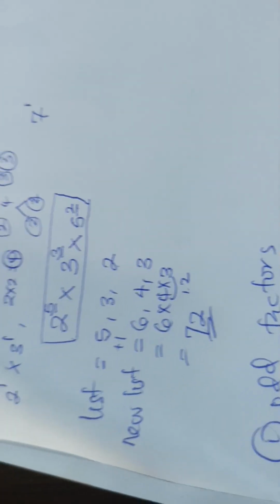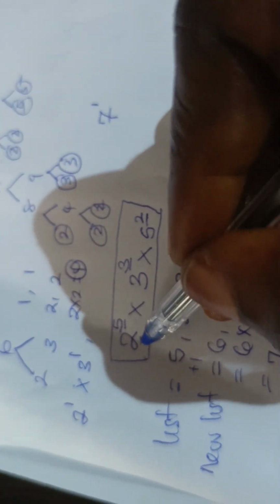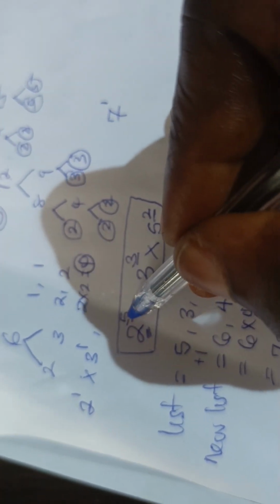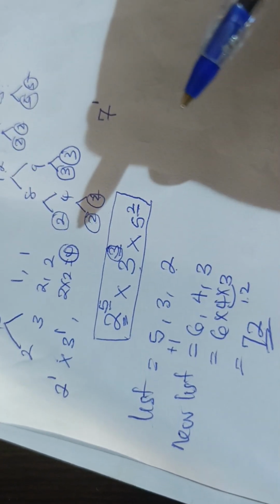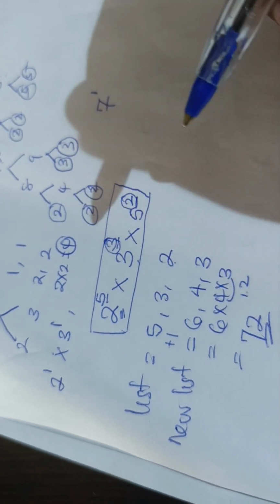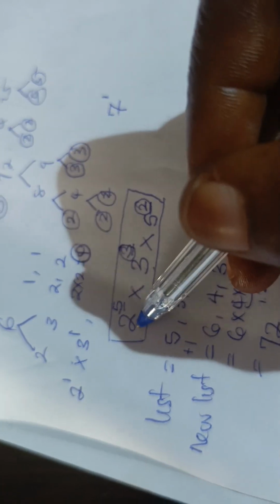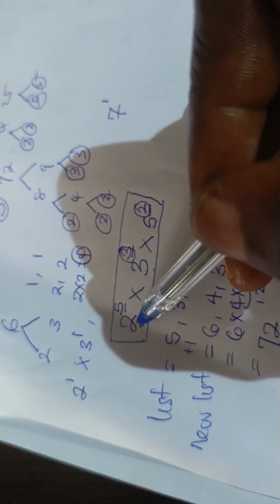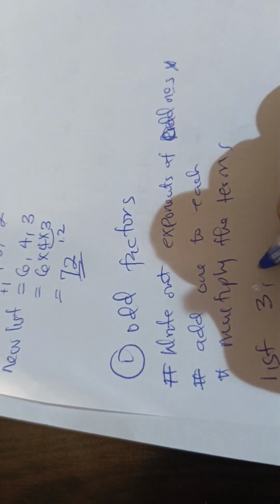Come here, that is our prime factors. 2 is not an odd number, therefore I'm not going to write its exponent. 3 is an odd number, so I pick the exponent of 3. 5 is an odd number, and I pick its exponent. Remember, odd numbers cannot be divided by 2 without a remainder, so 2 is an even number, while 3 cannot be divided by 2 without a remainder. So the list is just the exponents of 3 and 5.